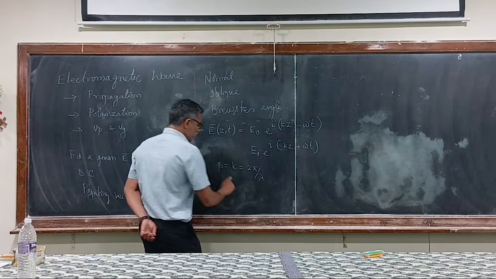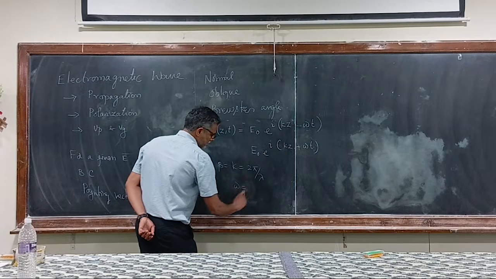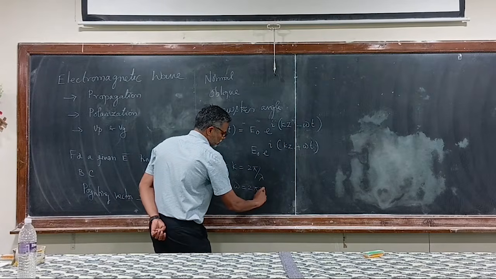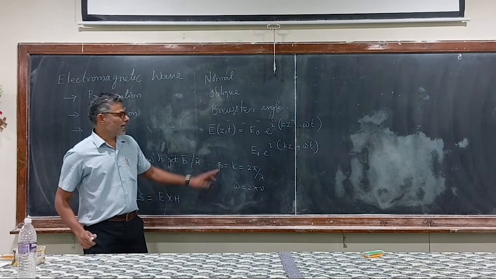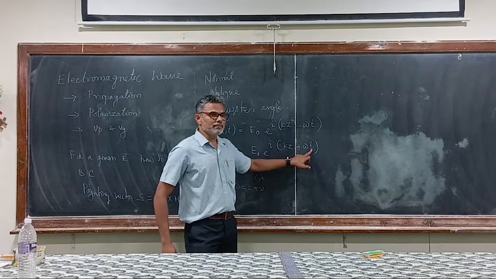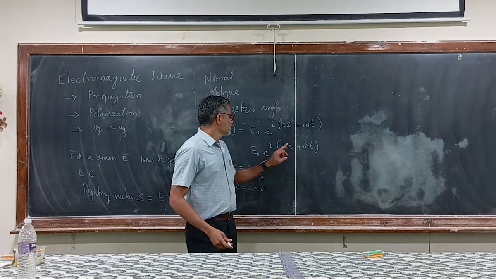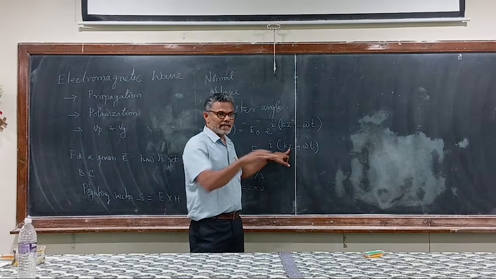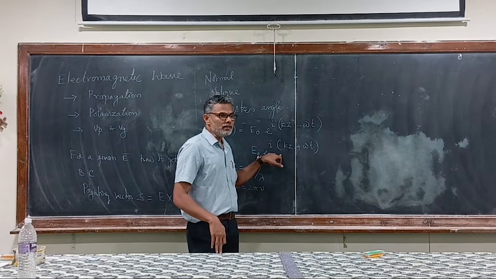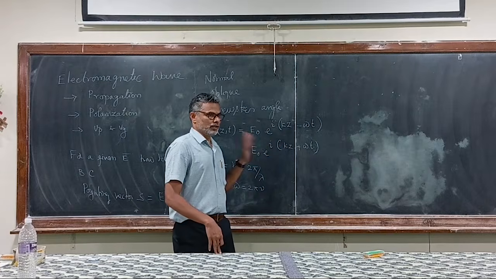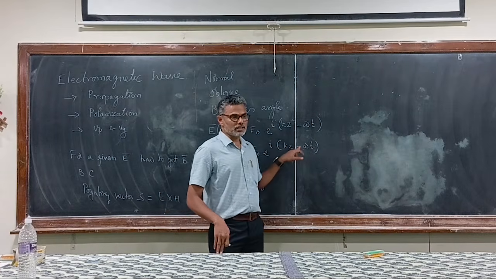And omega is 2 pi nu, the angular frequency. The coefficient of time should dimensionally be a frequency, 1 over time. And z is the direction, so k should be 1 over meter, the spatial coordinate. Therefore this becomes a dimensionless quantity.